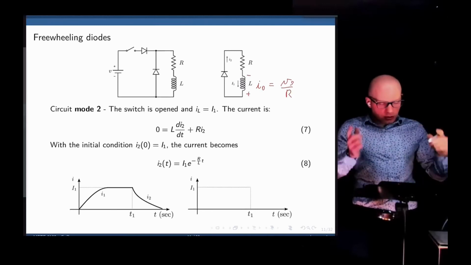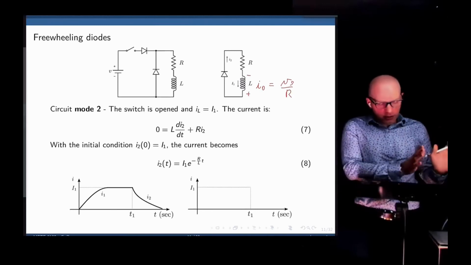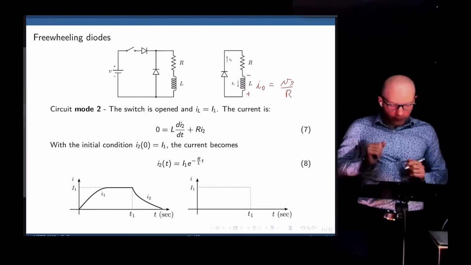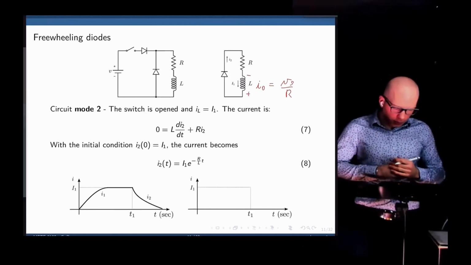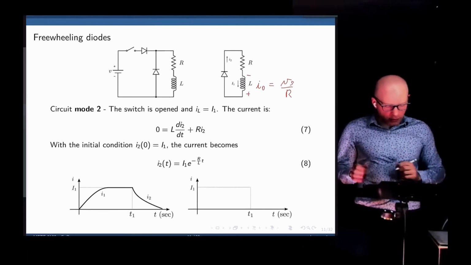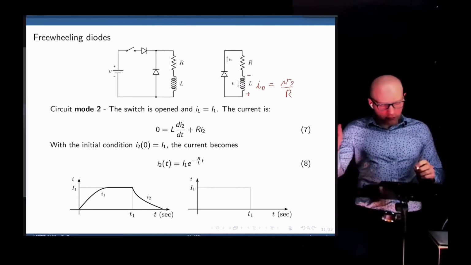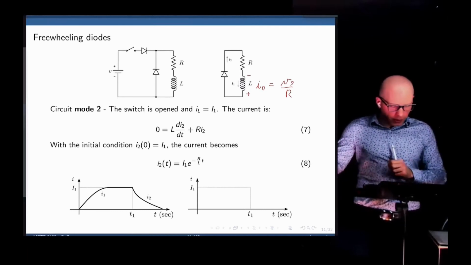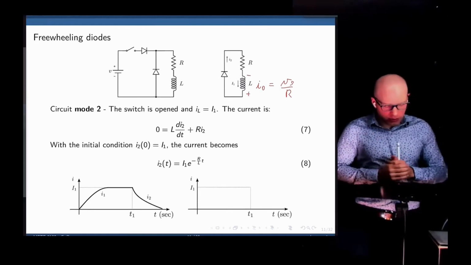We can now apply Kirchhoff's law to this remaining circuit. It's very simple. We only have an inductor and the diode. So here we have the equation for it. The voltage across the inductor plus the voltage across the resistor is equal to 0.